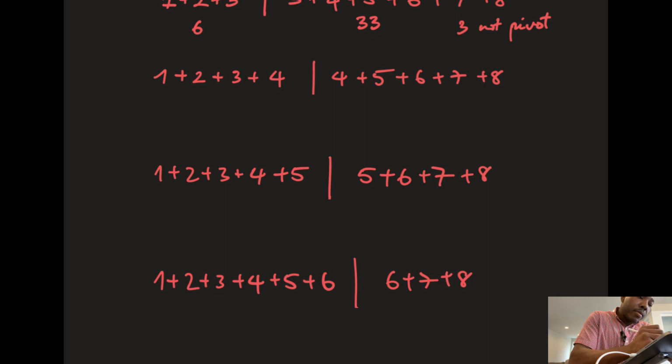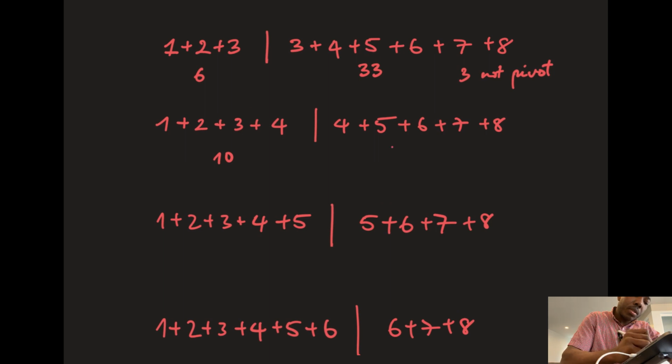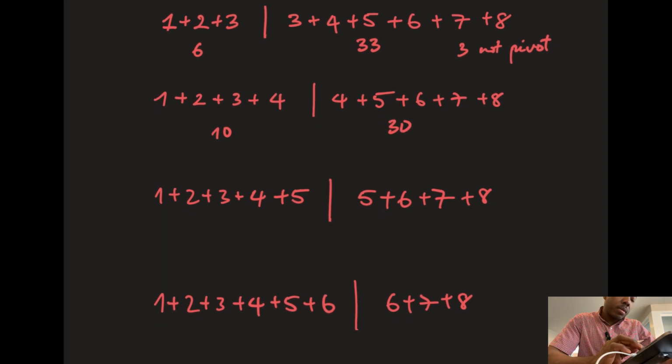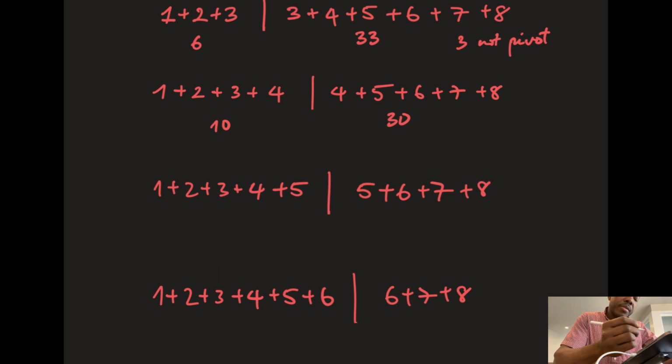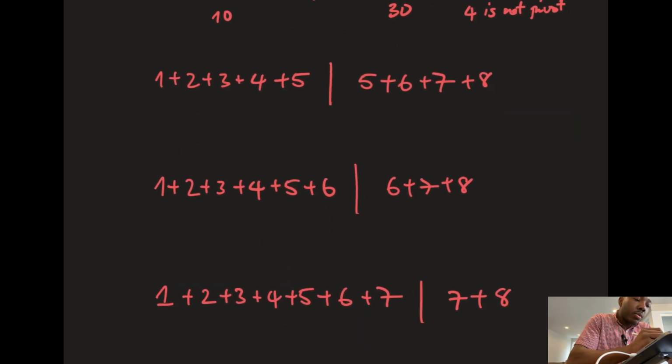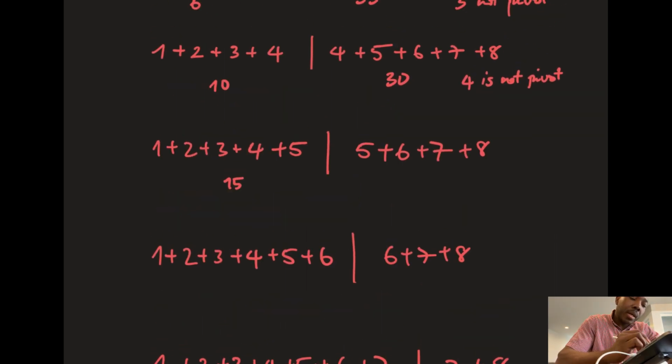Here 1 plus 2 plus 3 plus 4 is 10, and 4 plus 5 plus 6 plus 7 plus 8 is 33 minus 3, which is 30, if I'm not mistaken. The two numbers are different, so 4 is not the pivot. Now we go to 5. 1 plus 2 plus 3 plus 4 plus 5 is 15, and the other is 30 minus 4, which is 26. Different, so 5 is not the pivot.